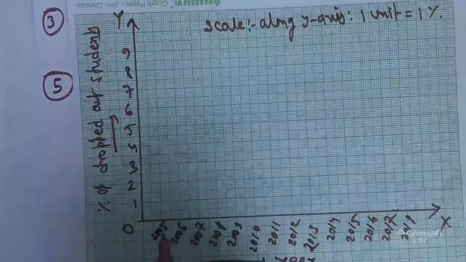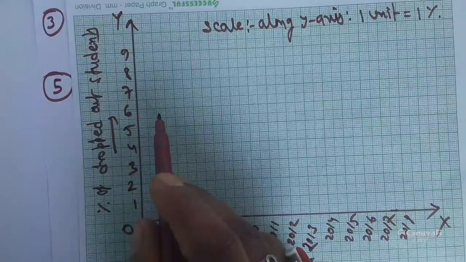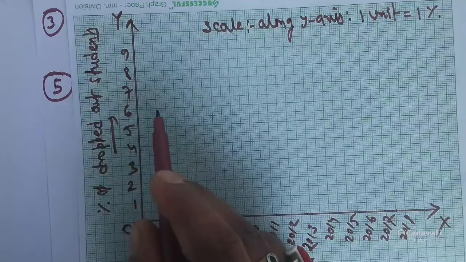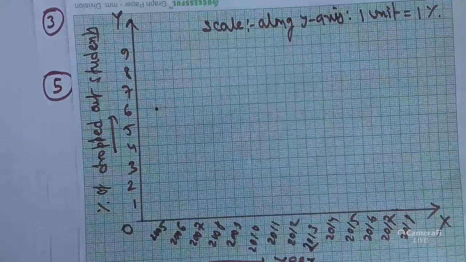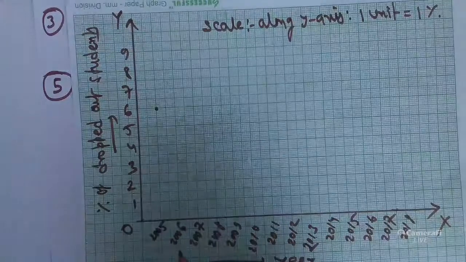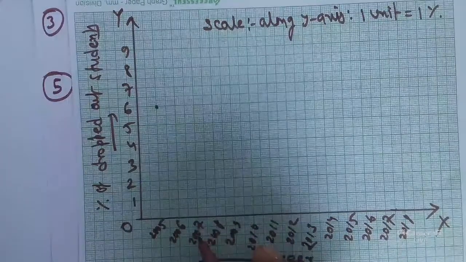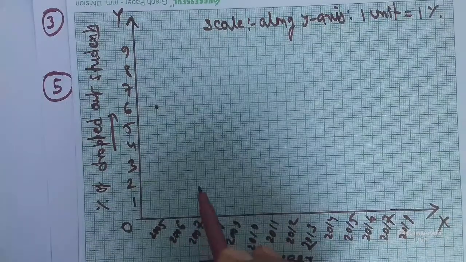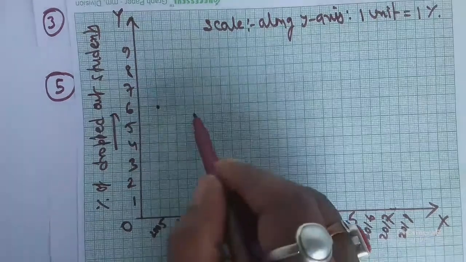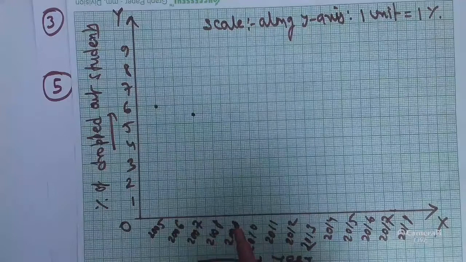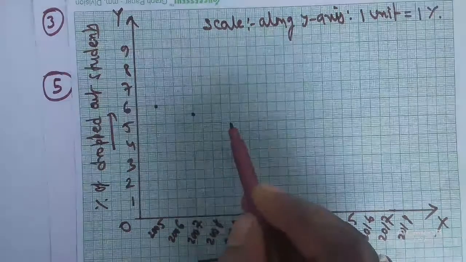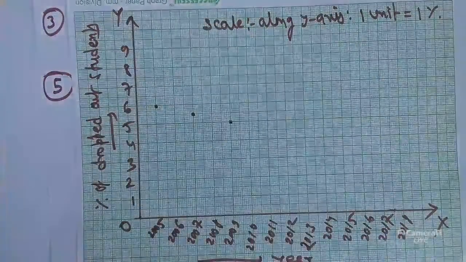So in 2005 6% students dropped out, so here it is 6. Then 2007 5.5%, so this one is 5.5. Then 2009, 5%, so here it is 5%.